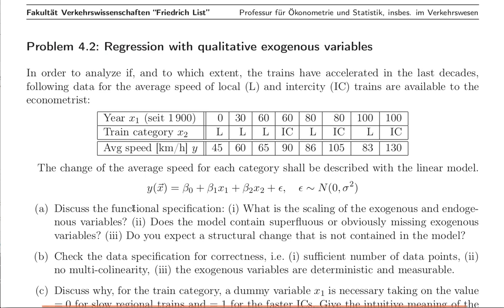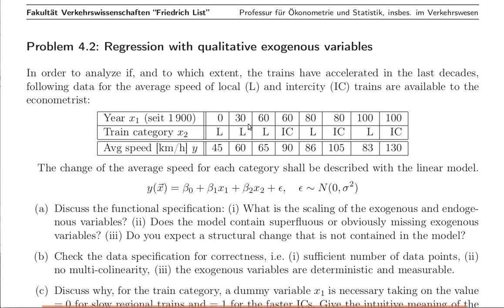So first, the functional specification. So the scaling of the exogenous and endogenous variable. So years obviously are metric scaled. It's real valued, or discrete if you only distinguish integer years. This is nominally or qualitatively scaled, and speed of course is a metric variable. So that's the scaling. Does the model contain a superfluous or a missing exogenous variable?